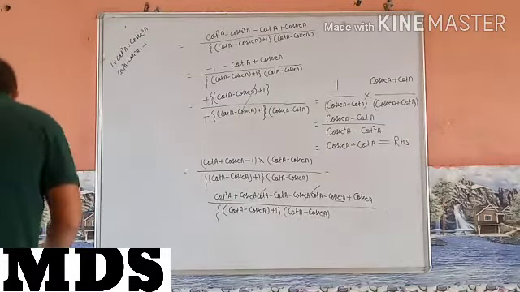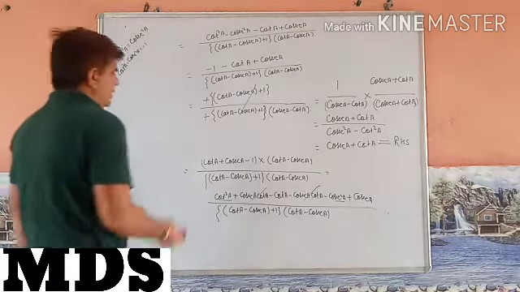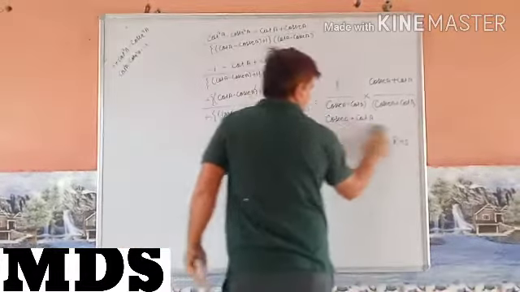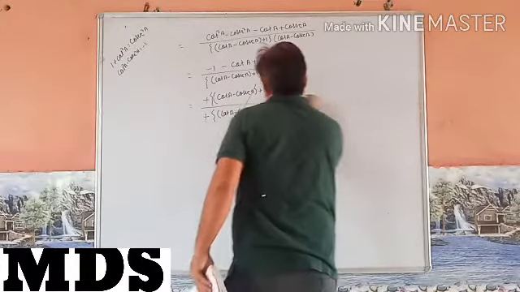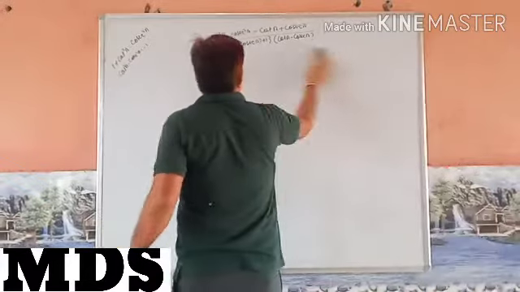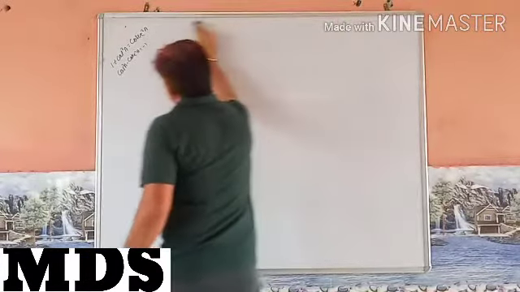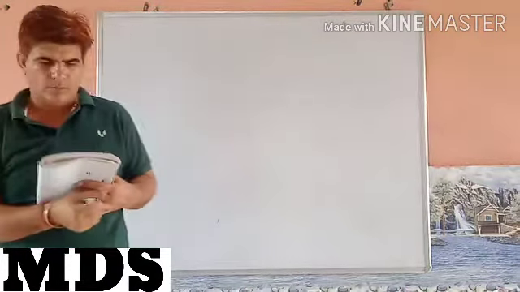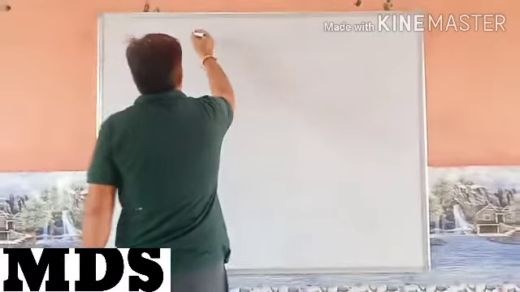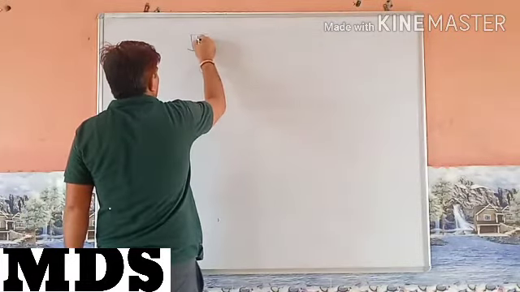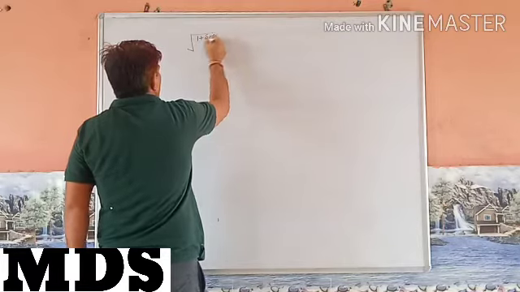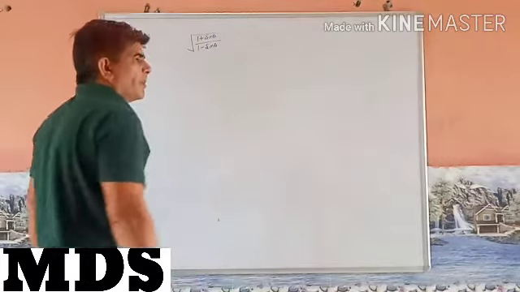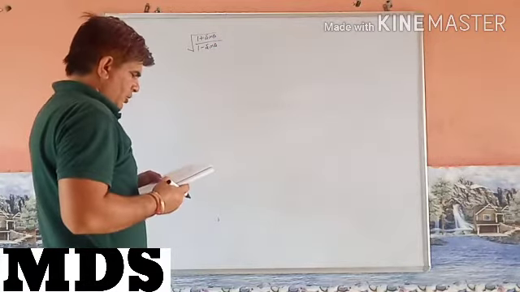Now, sixth part, erase this. This is given: under the root, (1 plus sin A) by (1 minus sin A).